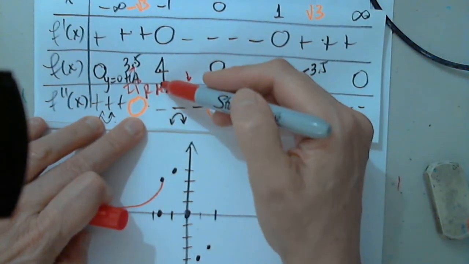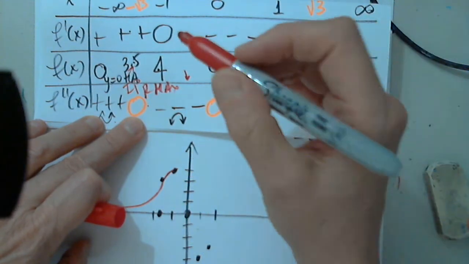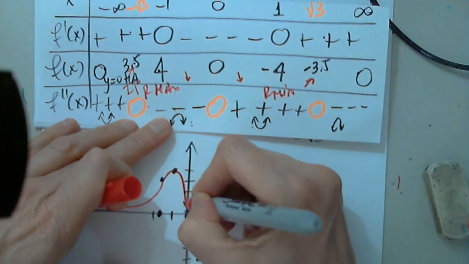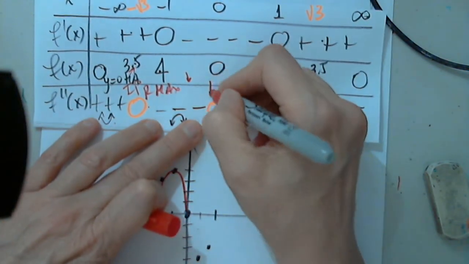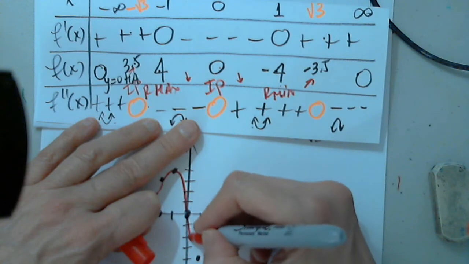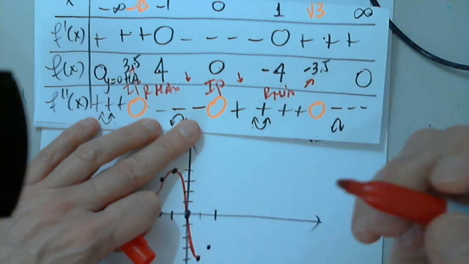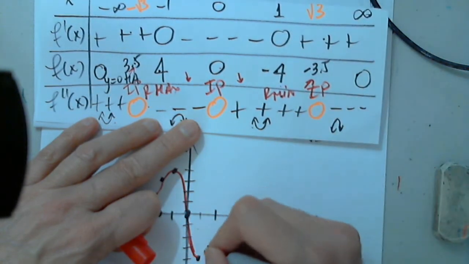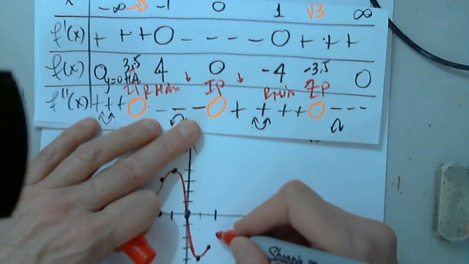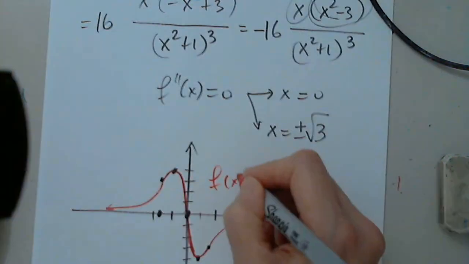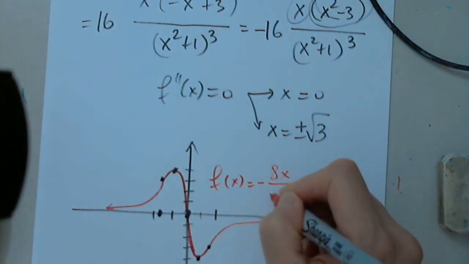Changes concavity, increasing to the relative max. Decreasing, opening down to 0, 0. Inflection point, changing concavity at 0, 0, opening up, reaching the minimum. Continue to increase to the inflection point, opening up. Changes concavity, and then it approaches opening downward, approaching the horizontal asymptote. So this is f of x, -8x over x squared plus 1.